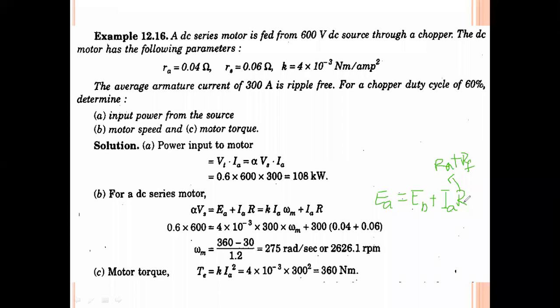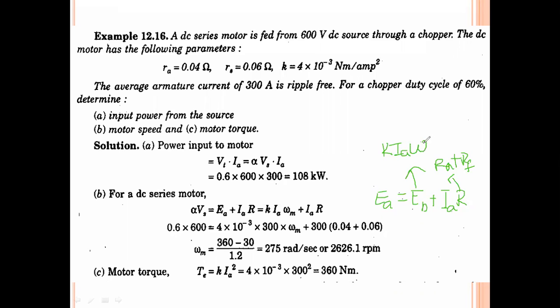So EB can be written as K phi omega, and this is a series motor. So K into phi can be written as K into armature current, because flux phi is proportional to the armature current in the DC series motor.